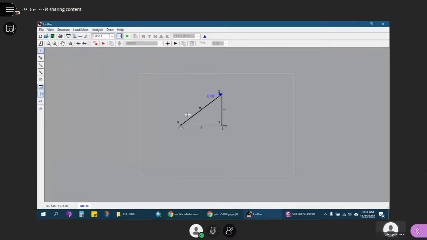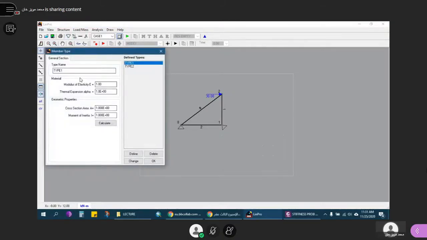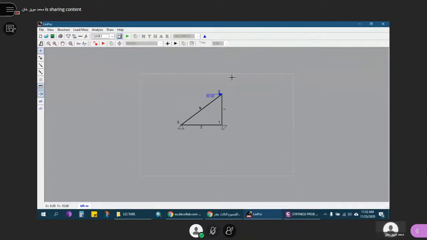I need to do this because I changed the values of that AE. It was getting those values. So let me just define it again. No, one second. Let me do it again for you.